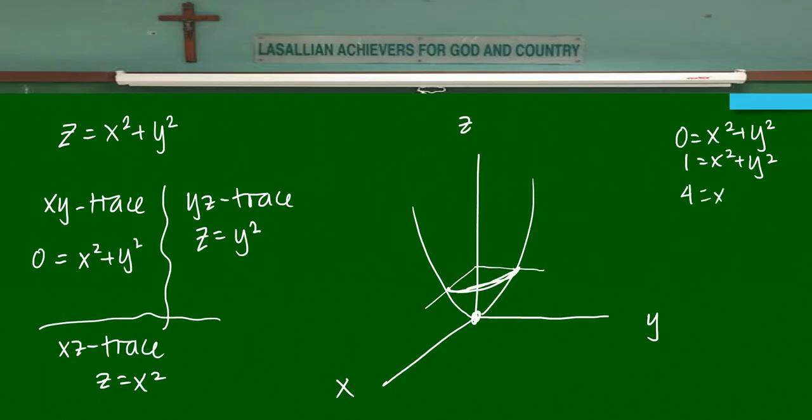If z was equal to 4, so that's 2, 3, and 4, that's actually a circle with a radius of 2. So it's this one. It forms a paraboloid. So our shape is sort of like this.